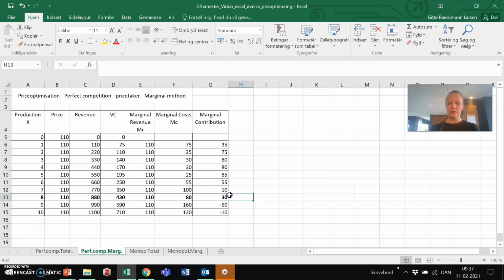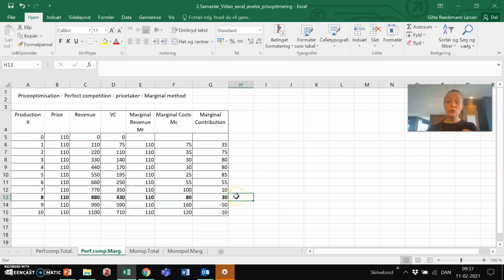So what we want here using the marginal method is we're not going for the highest marginal contribution, as long as we contribute positive to the contribution. And we do that as long as the marginal revenue is higher than the marginal costs. Leave out the marginal. As long as revenue is higher than costs, we make a profit. That makes sense.